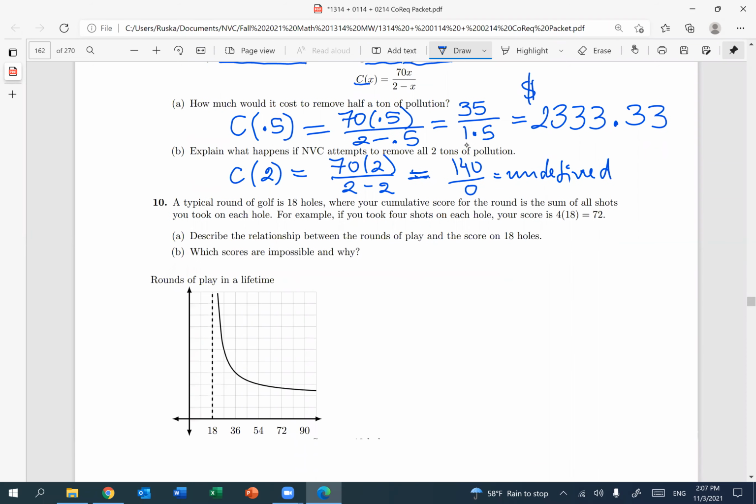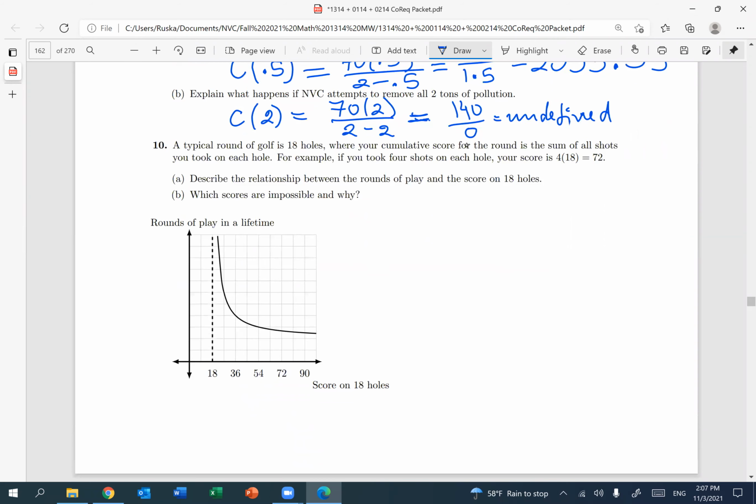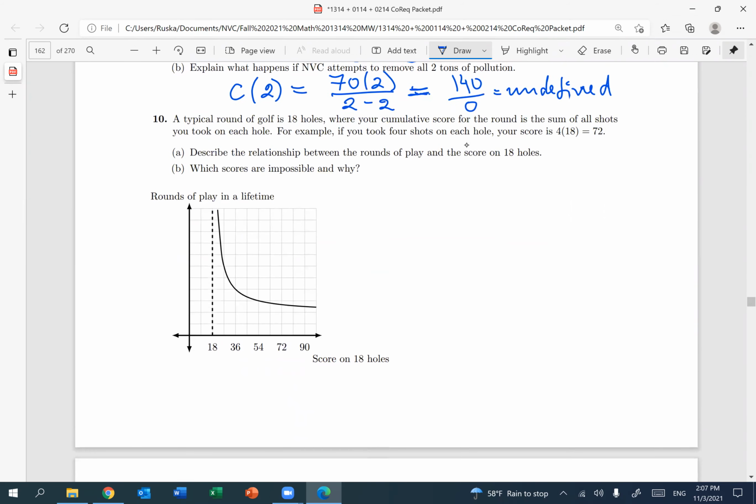A typical round of golf is 18 holes, where your cumulative score for the round is the sum of all shots you took on each hole. For example, if you took 4 shots on each hole, your score is 4 times 18, which is 72.